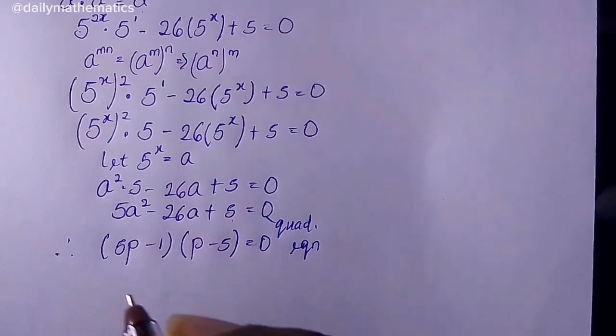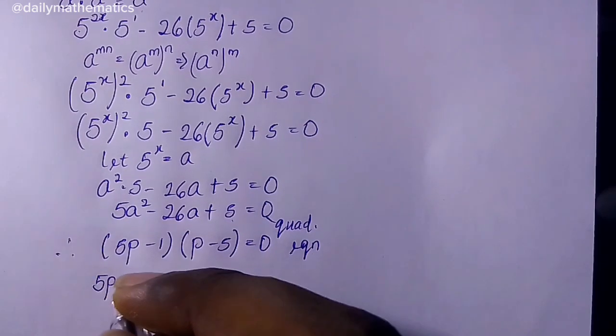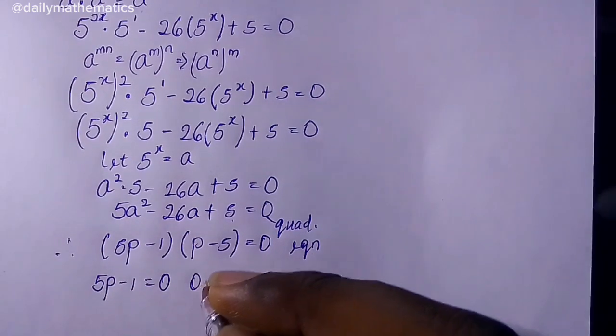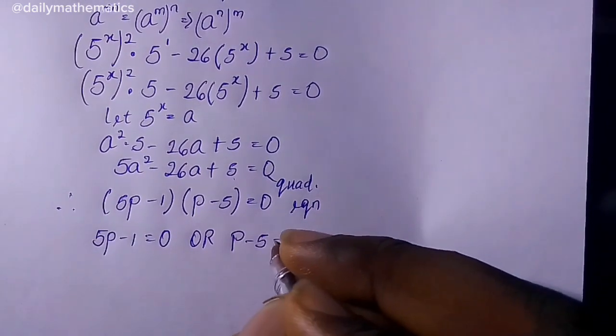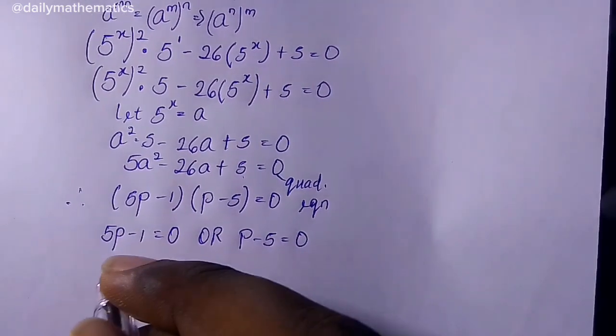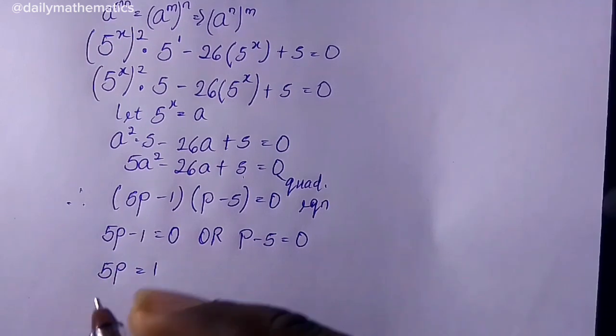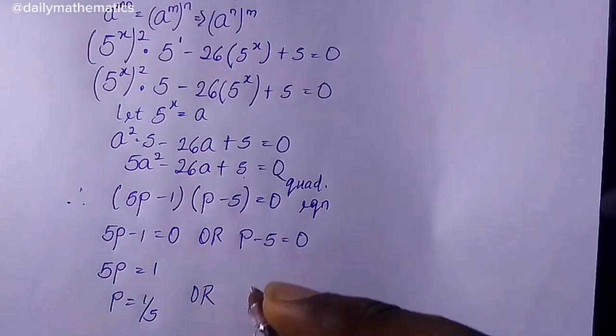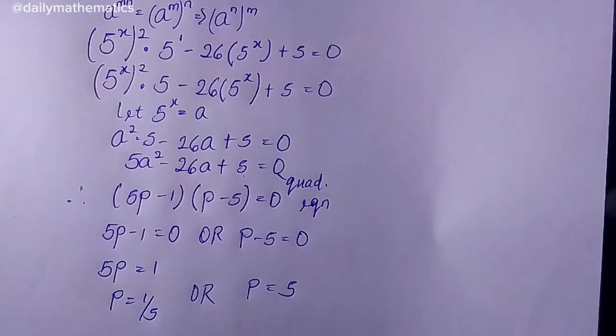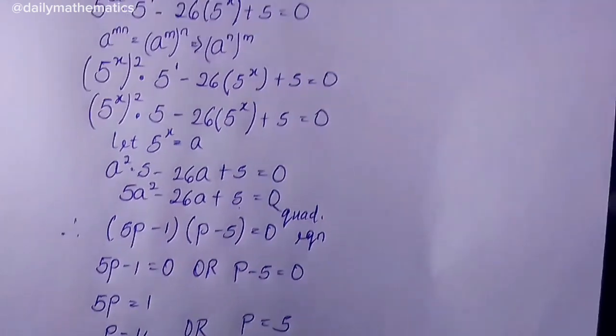So you have 5a minus 1 equals 0 or a minus 5 equals 0. From here you have 5a equals 1, then a equals 1 over 5, or a equals 5.